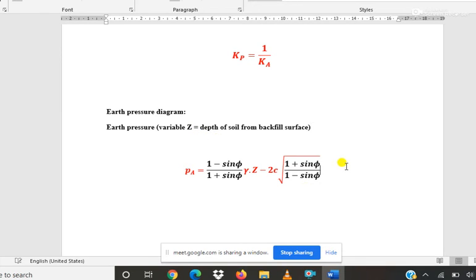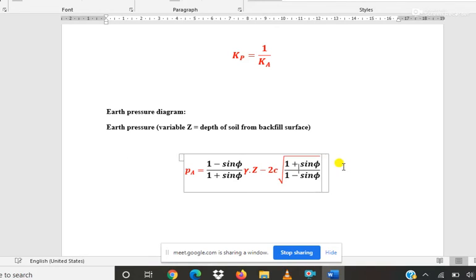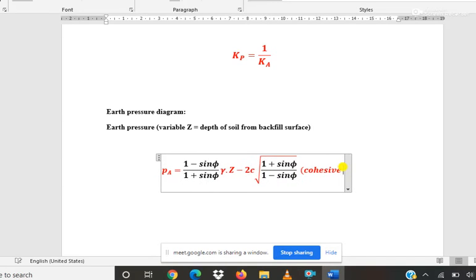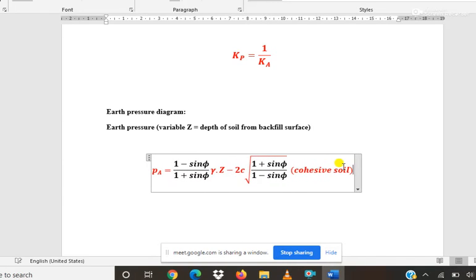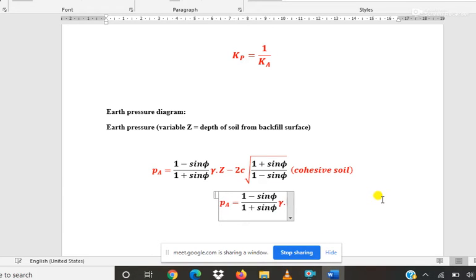Depth of soil from backfill surface, and this is for cohesive soil, this one is for cohesionless soil.